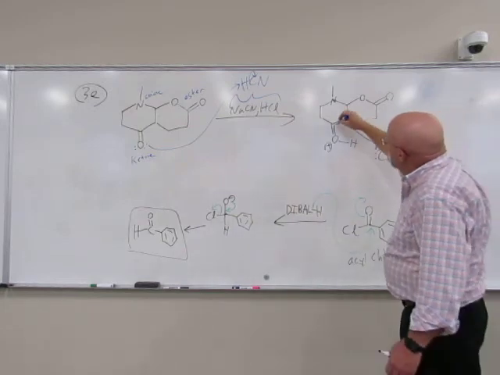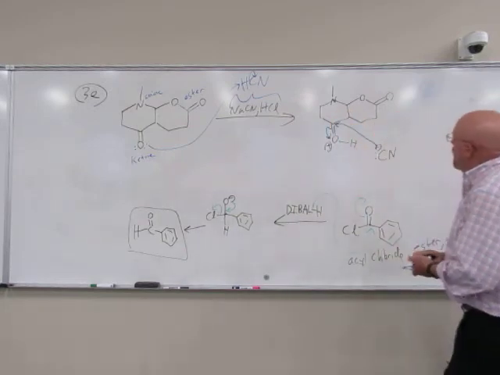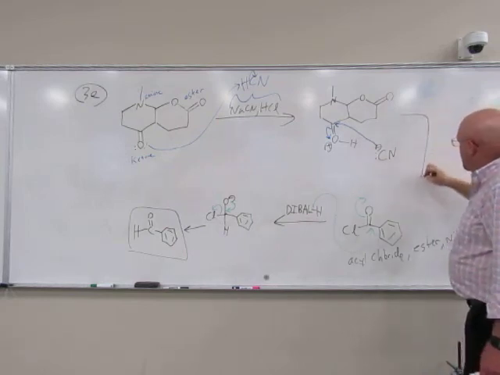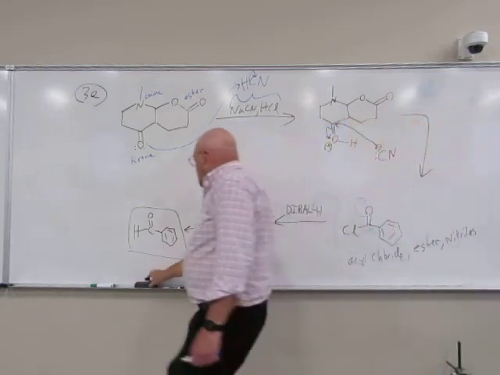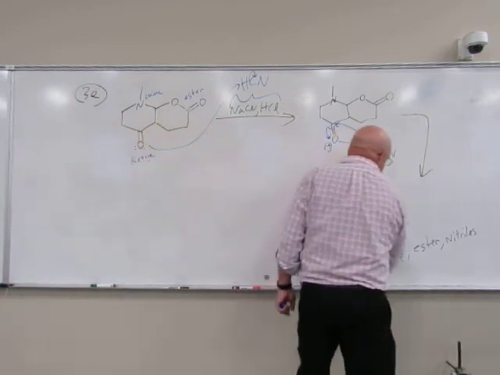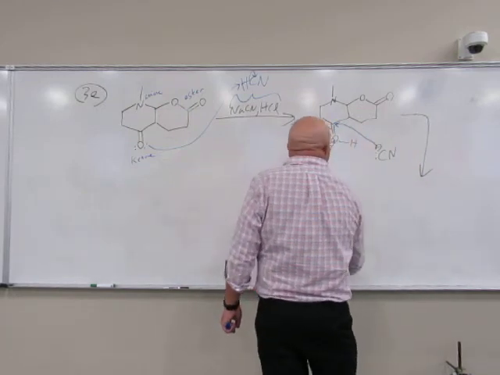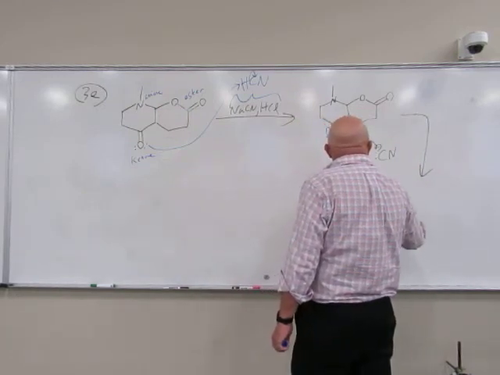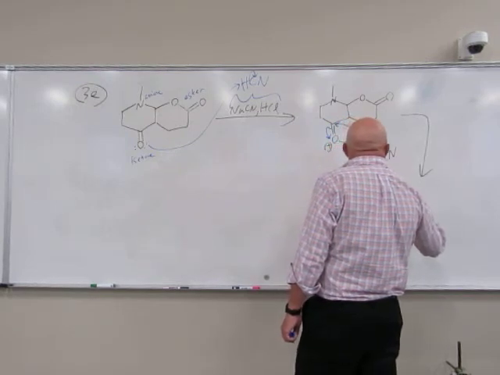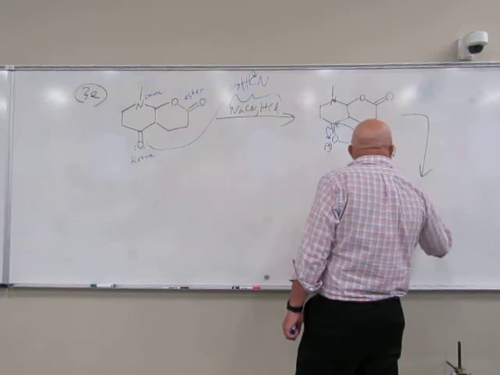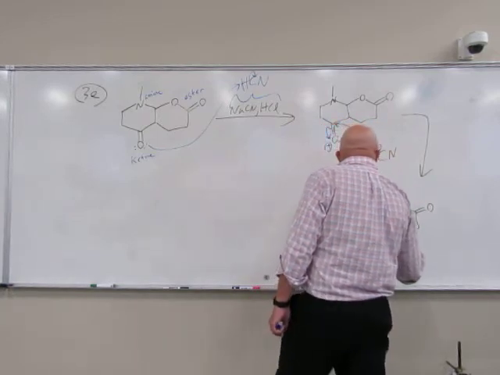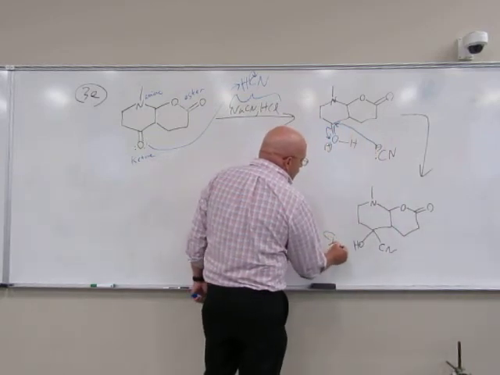So the cyanide can attack and kick the electrons up onto the oxygen, and we make a cyanohydrin.